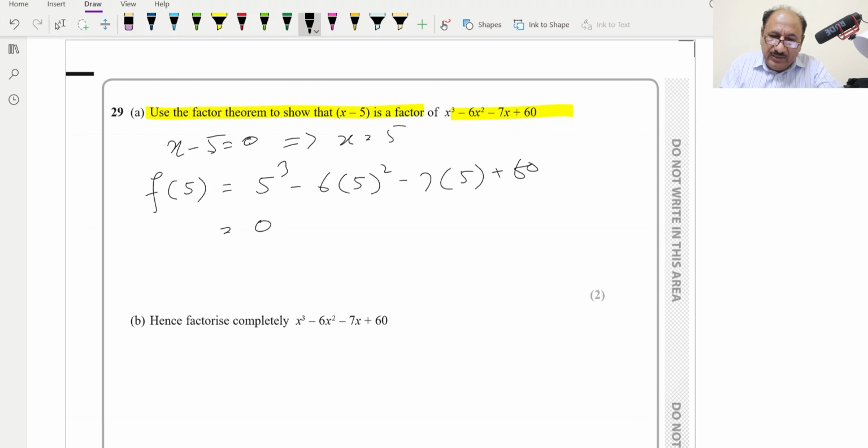So this implies x minus 5 is a factor. So this will be sufficient for this.